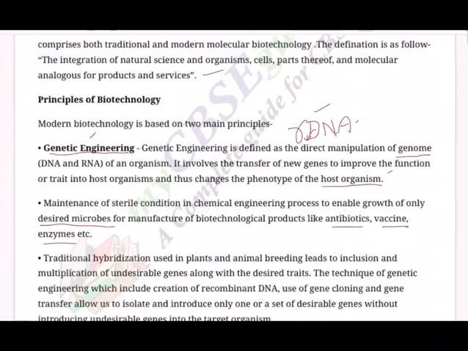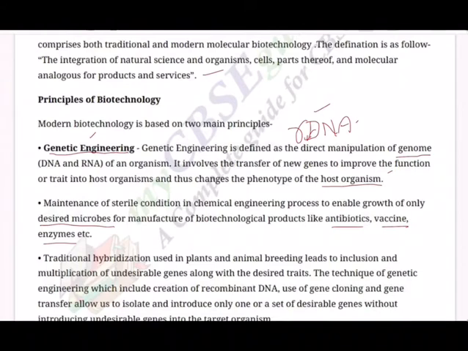And what about biochemical engineering? It involves processes that help the growth of desired microbes and eukaryotic cells in large quantities in a sterile medium, that is tissue culture technique, for the manufacture and multiplication of biotechnological products such as antibiotics, vaccines, enzymes, medicines and hormones.